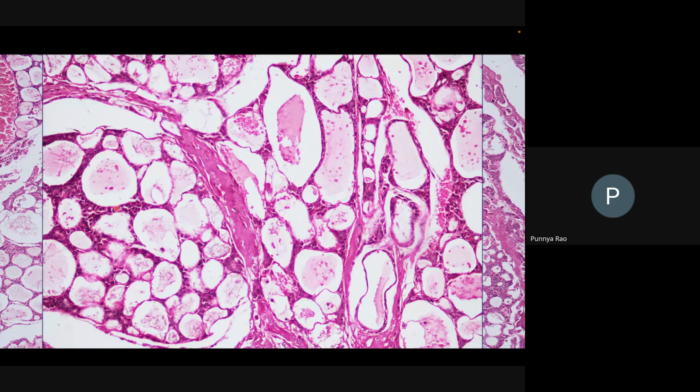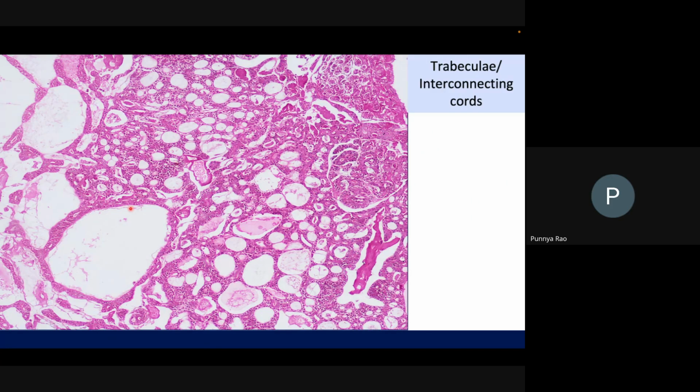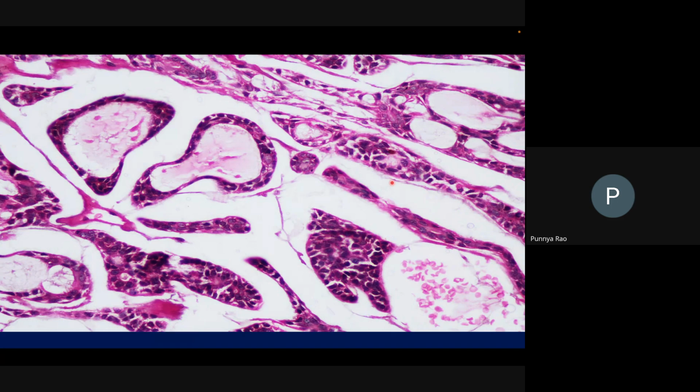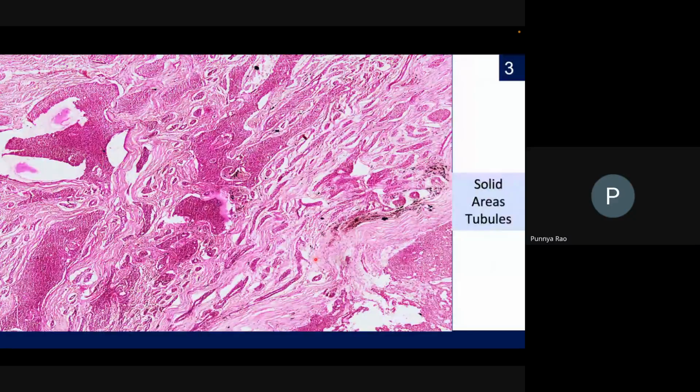You can see that they appear dark, hyperchromatic, uniform. Usually you do not find much mitosis, especially in the cribriform and the tubular areas. You can see that in solid areas, you have these interlacing trabeculae or interconnecting cords. This is the high power view with the angulate nuclei.